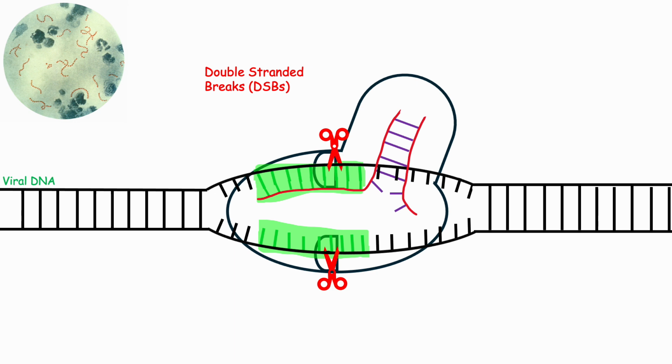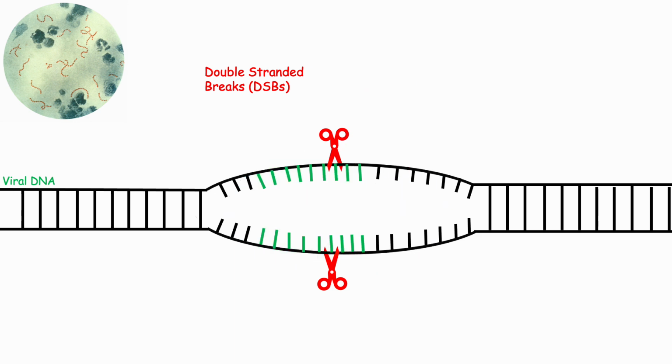Notice how the DNA from the phage is complementary to the RNA originating from the bacteria's CRISPR system. What's happening at those sites that look like backwards Ds is that you've got a molecular kind of scissors that will break the DNA in these two places, creating a double-stranded break, or DSB. So if we make the cuts here, we get something like this with the viral DNA.